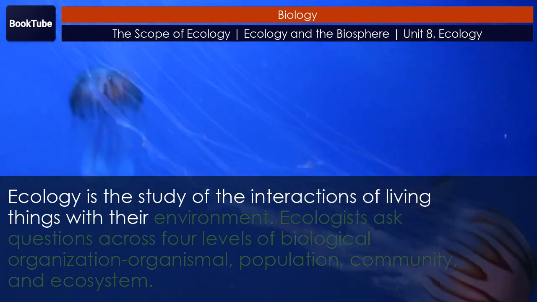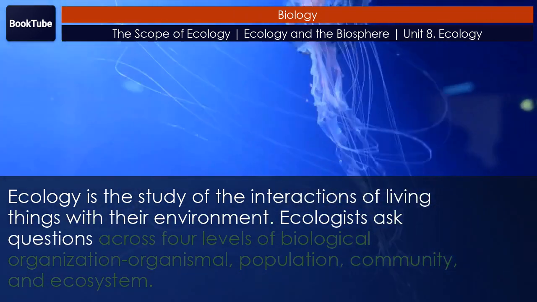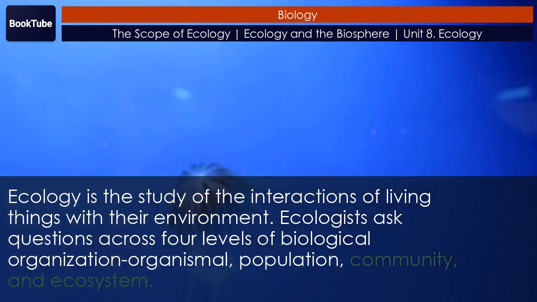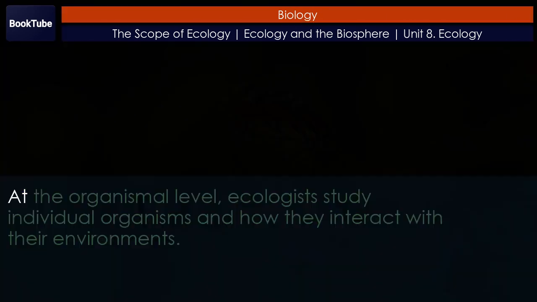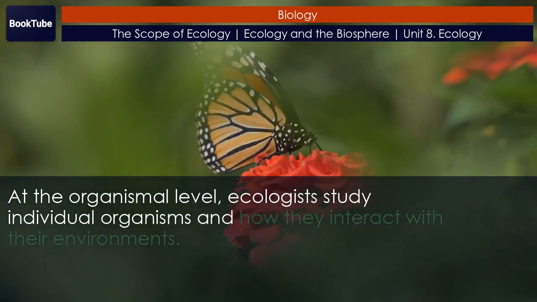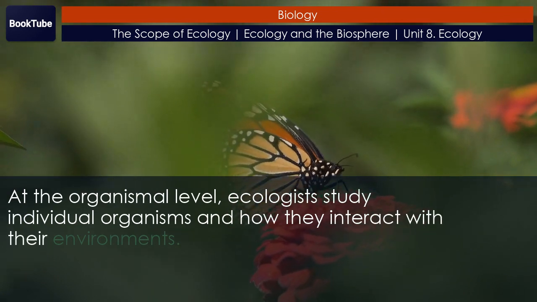Ecologists ask questions across 4 levels of biological organization: organismal, population, community, and ecosystem. At the organismal level, ecologists study individual organisms and how they interact with their environments.